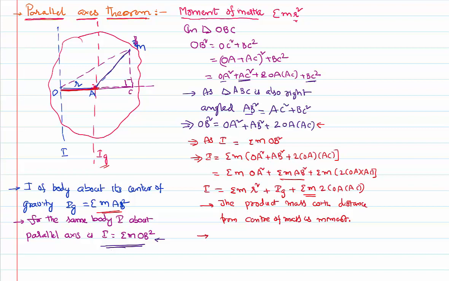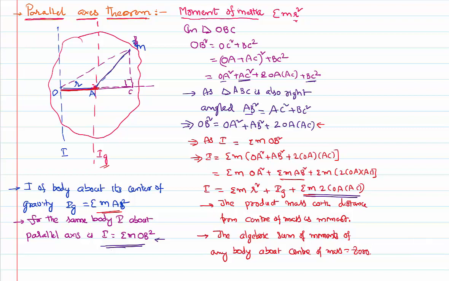There is a concept in center of mass that the algebraic sum of moments of any body about its center of mass is equal to 0. That means each moment will be cancelling the other moment because particles are uniformly distributed. What happens is automatically this last term becomes 0.